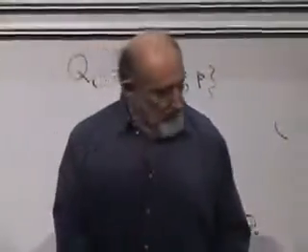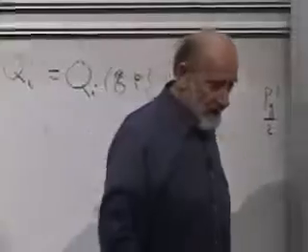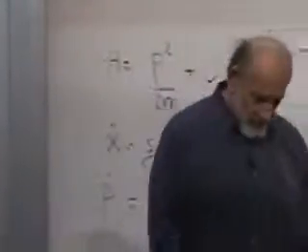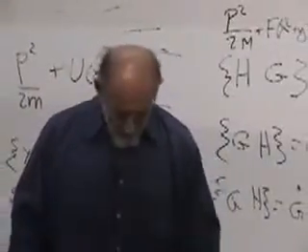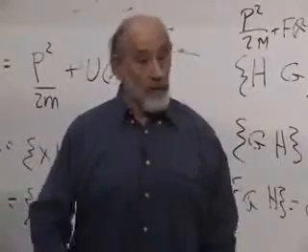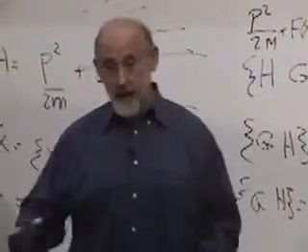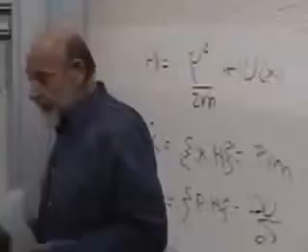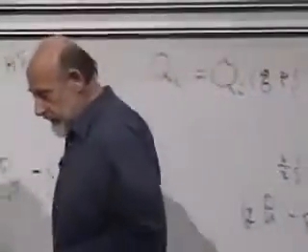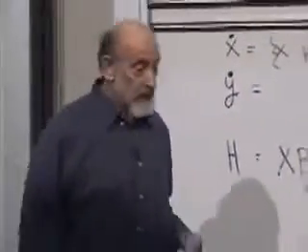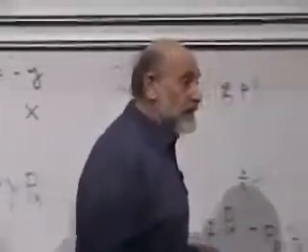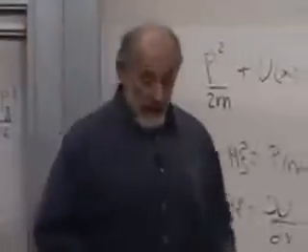Classical mechanics is the basis for all of physics. It's the basis of all of physics, not only because it describes the motion of objects like particles and mechanical systems and so forth, but because the basic framework, the basic structure of all of physics is based on the principles of classical mechanics.